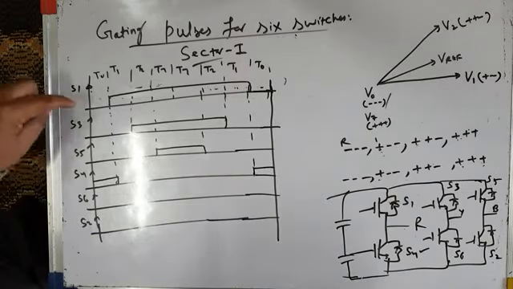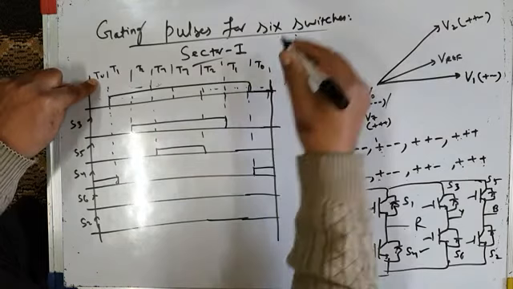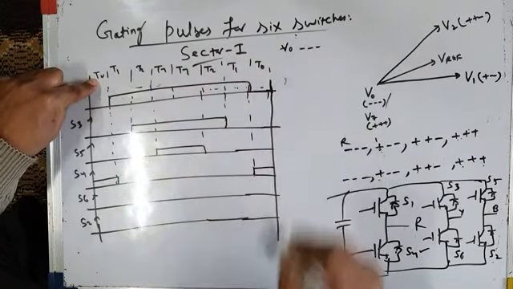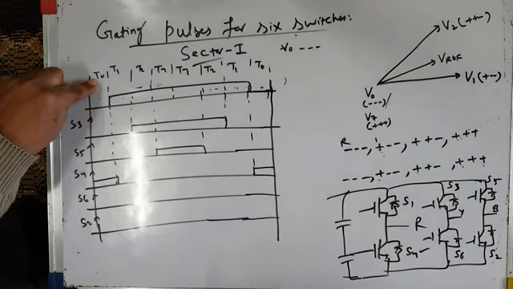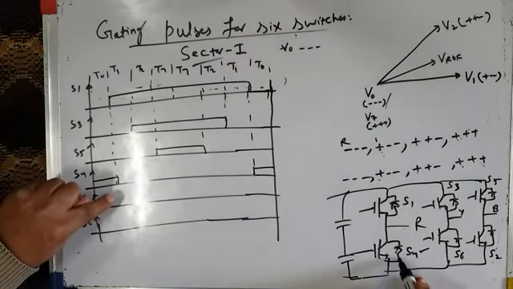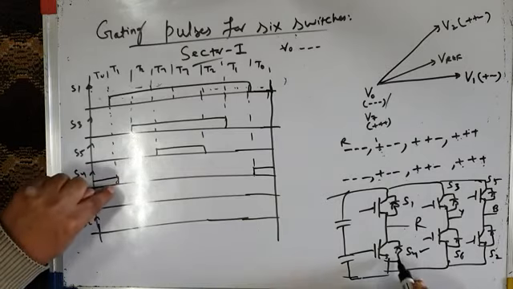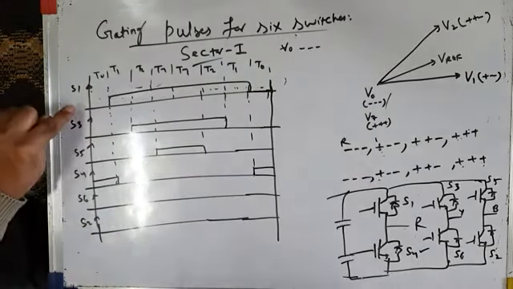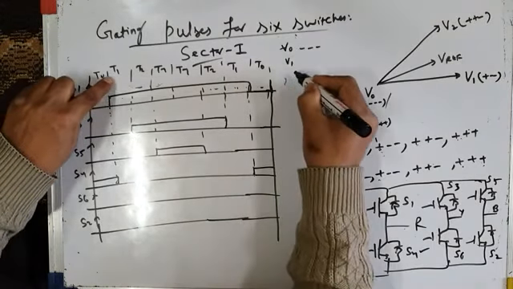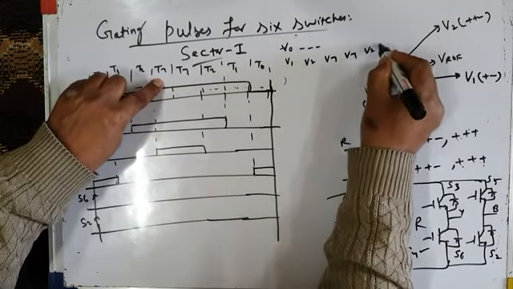So you can very clearly see in time interval T0, the voltage space vector V0 is applied across the load, which represents the switching state minus minus minus. Minus means phase leg R's bottom switch is on. You can clearly see the bottom switch will be on only when you issue a control pulse to it. So you are issuing a control pulse to it. Bottom switch is on. That gives minus state. Then voltage space vector V1 is applied, V2 is applied, then V7 is applied, then again V7, V2, V1.